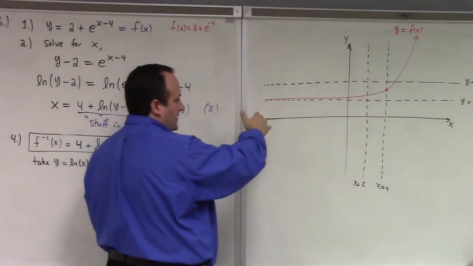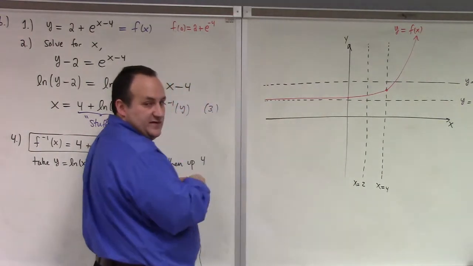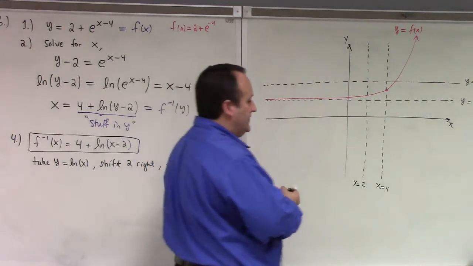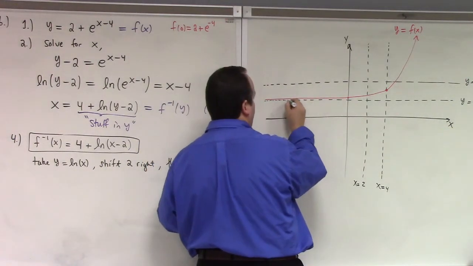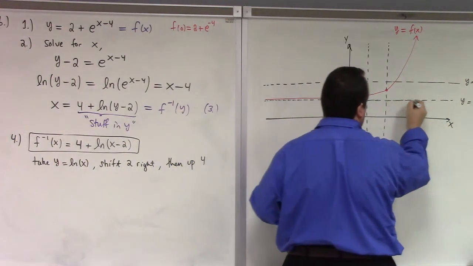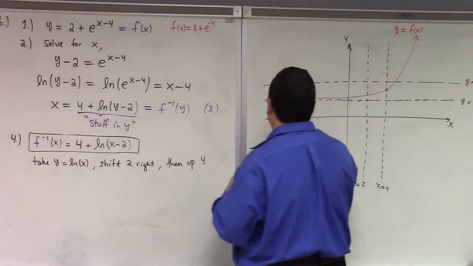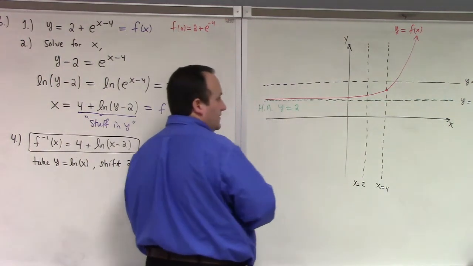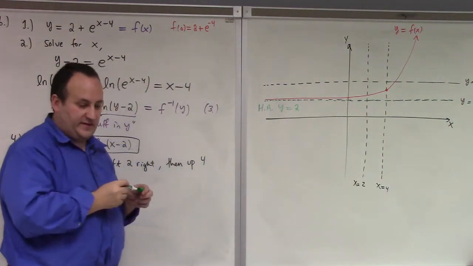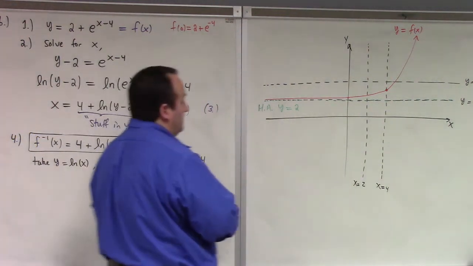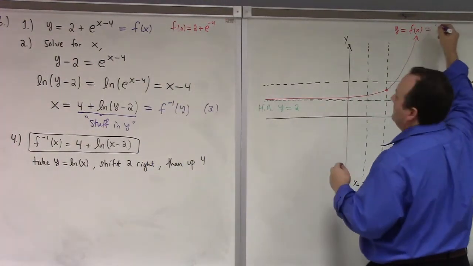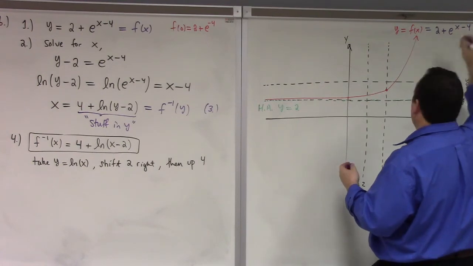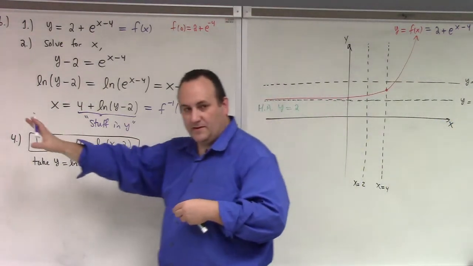The horizontal asymptote for the function, if I do it in green, is just this. That's the horizontal asymptote, y equals 2, for f of x equals 2 plus e to the x minus 4. All right, so there's the graph of the function again. I just made it bigger.